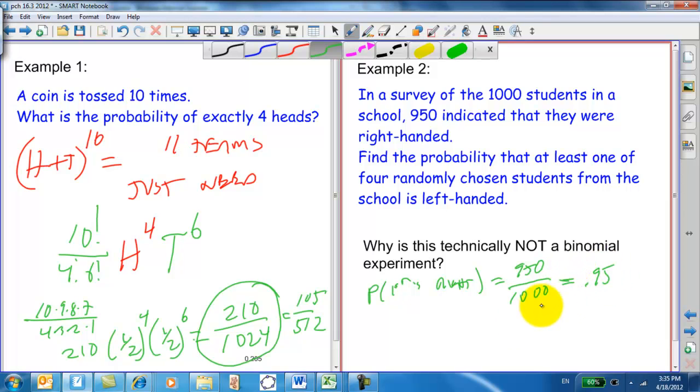a 95% chance. The probability that the second is right-handed, given that the first is: if the first was right-handed, now we have 999, and this is 949. So 949 out of 999. Let's see what that works out to be.